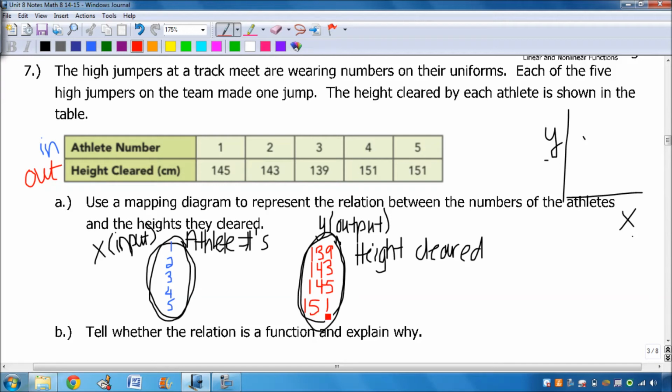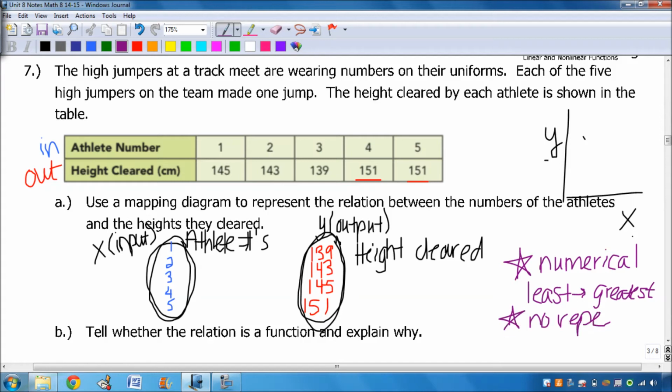Now we're only going to write 151 once, even though you see it twice, because there's no need to repeat our values. So I want you guys to write yourselves a note that it needs to go in numerical order from least to greatest, and that there are no repeats when we're doing a mapping, okay? Because if we don't show our repeats, we can't tell if it's a function or not.